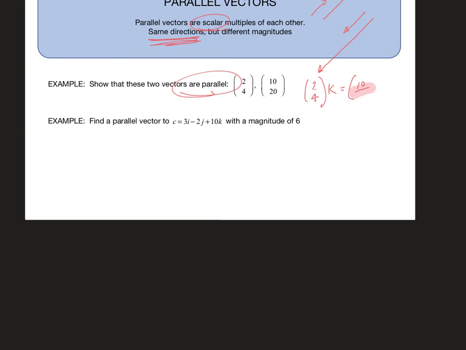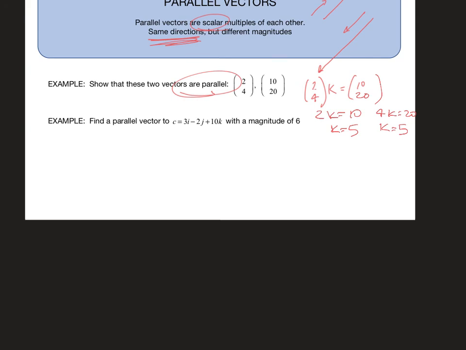Whoa, that's a highlighter, not an eraser. There we go. I'm having issues, guys. All right, so that means I have 2k equals 10 along with 4k equals 20. And as long as those k's are the same, then they're parallel. It has the exact same scalar.